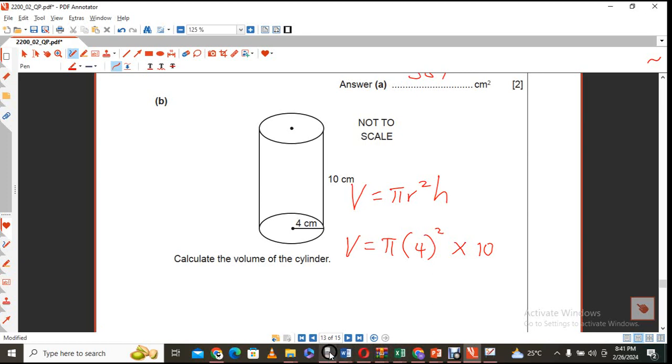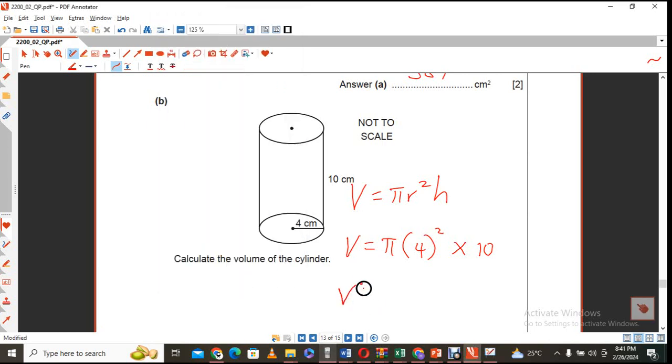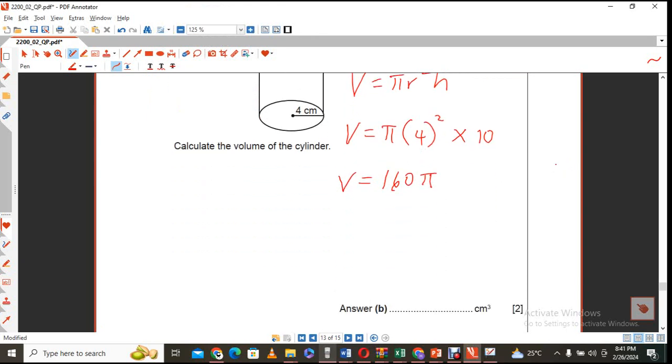I have pi times 4 squared times 10, so it's 160 pi. I'm going to write it for now as 160 pi, and then remember we should give our answers correct to 1 decimal place.